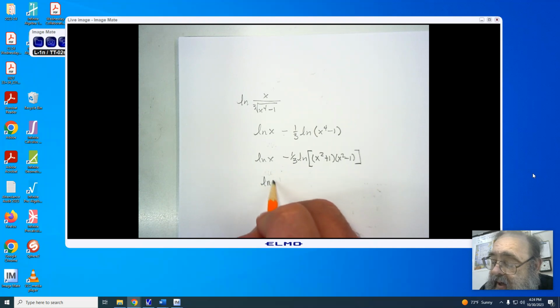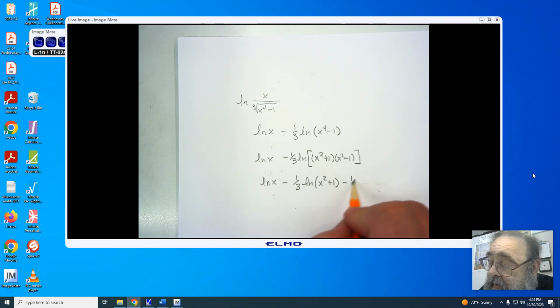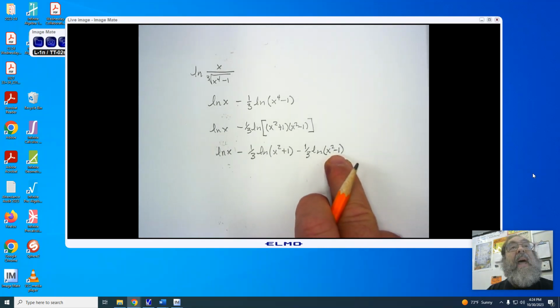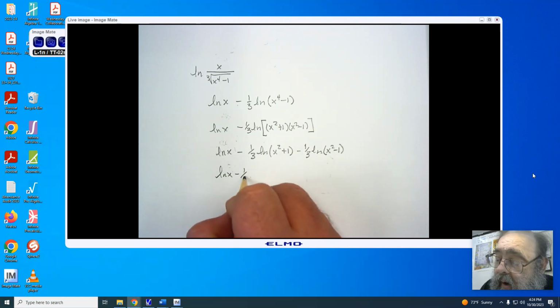And then this gives me natural log of x minus 1/3 natural log of x squared plus 1 minus 1/3 natural log of x squared minus 1. And then this will also factor into x plus 1, x minus 1. And that finishes off our expansion.